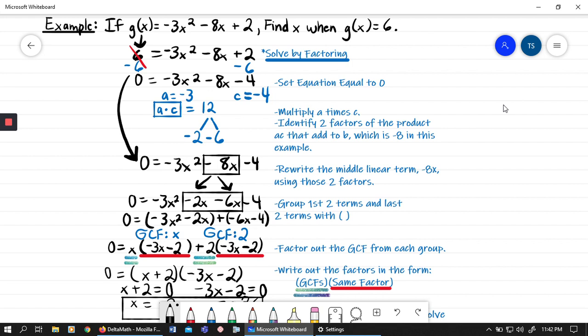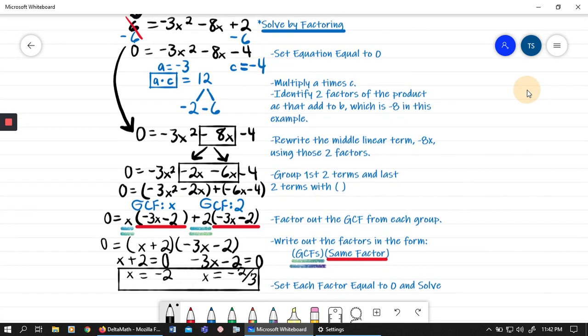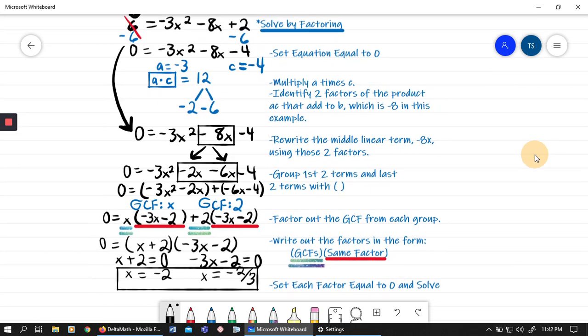I'm letting you know this because some people are going to think, oh, well, I found a shortcut, and they're going to forget. I hope that you don't, because I'm telling you not to, but some people would forget to set this equation equal to 0, and they would just write it as 6 equals such and such, and it wouldn't work with the way that I've shown you how to solve by graphing if you don't set it equal to 0 first.